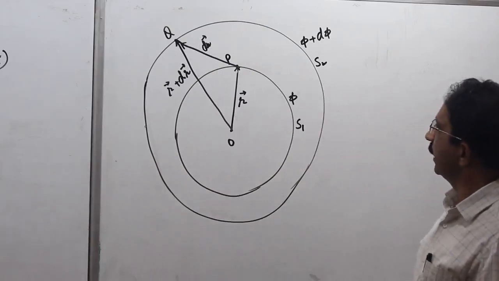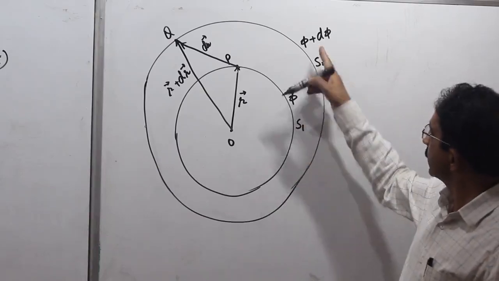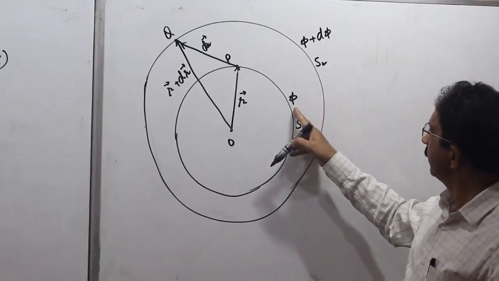I can think of the rate of change of phi now, because here the value is phi plus d phi, here the value is phi.